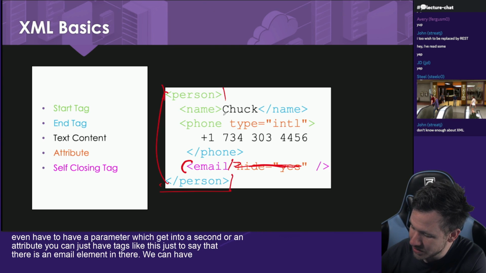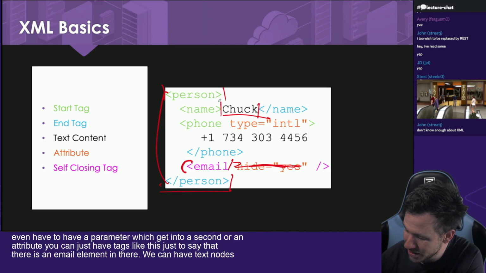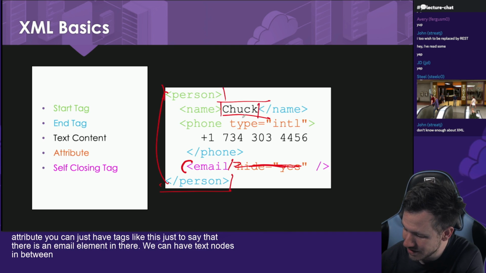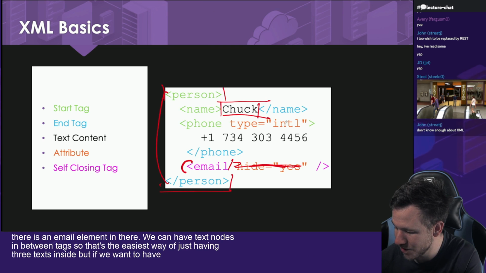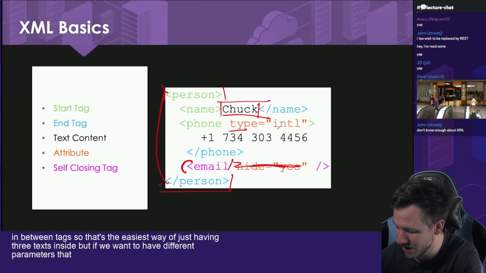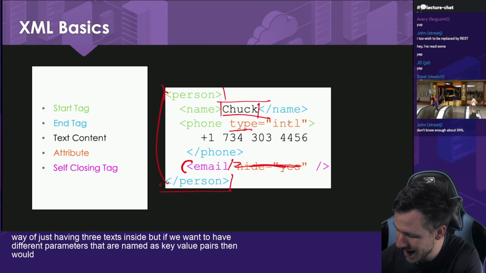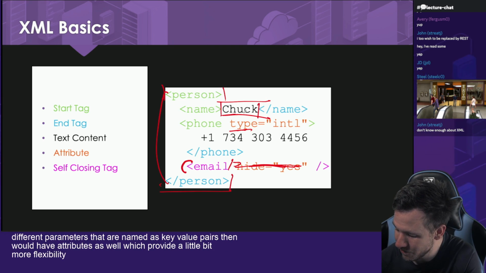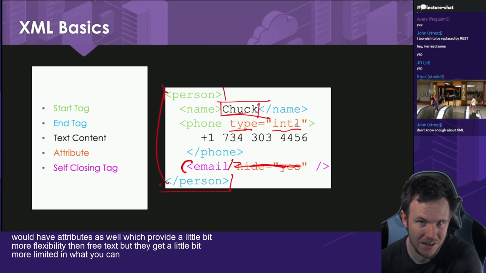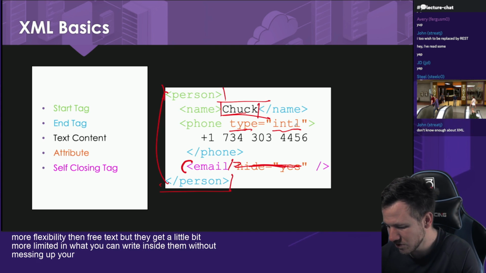We can have text nodes in between tags, so that's the easiest way of just having free text inside. But if we want to have different parameters that are named as key value pairs, then we would have attributes as well, which provide a little bit more flexibility than free text, but they get a little bit more limited in what you can write inside them without messing up your syntax.